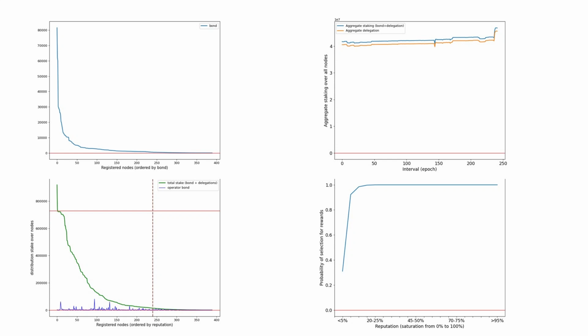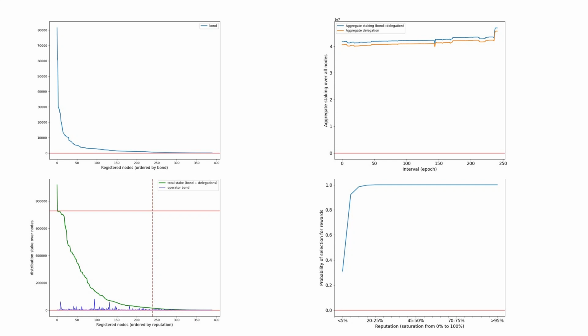Right now, we have about 45 million staked in the network out of this target of 175, so the staking levels are kind of low. A lot of people who have tokens could stake them but are not currently staking them. And in terms of the probability of being selected, the selection of nodes for the mixnet is sampling weighted by reputation.